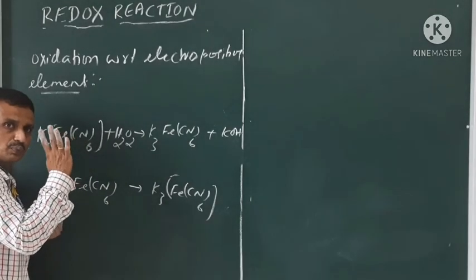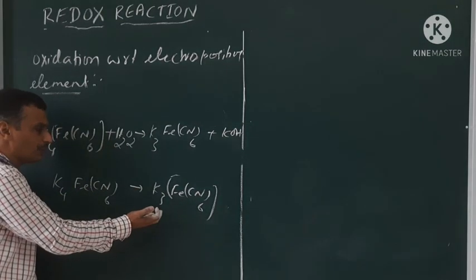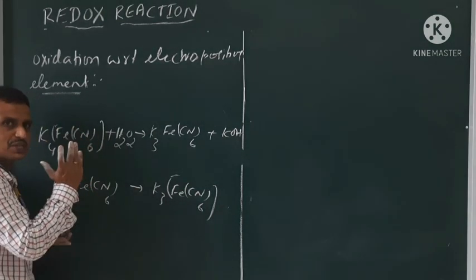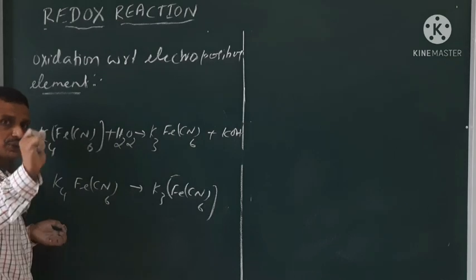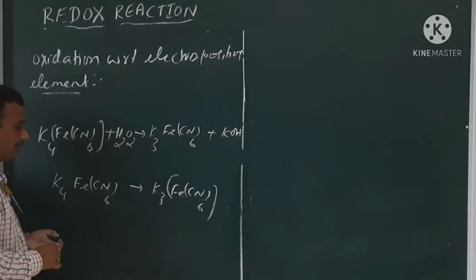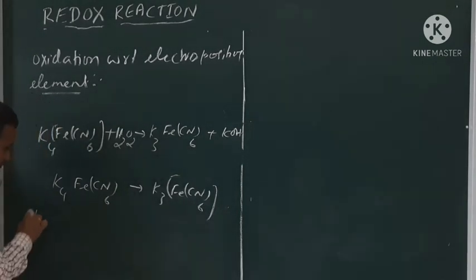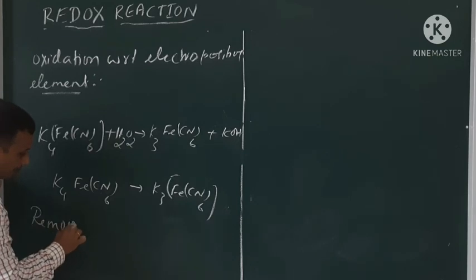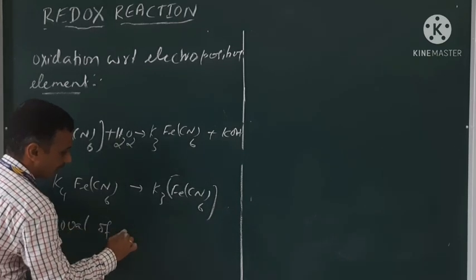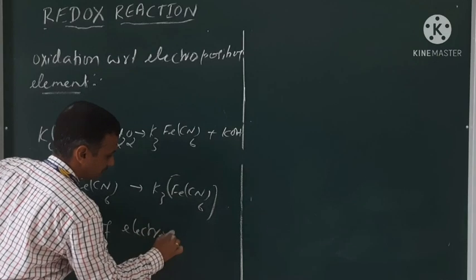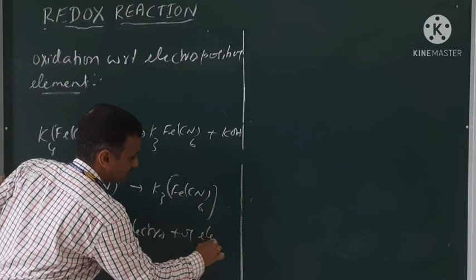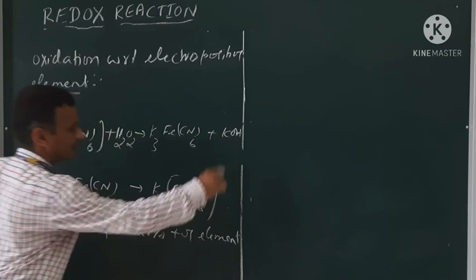There were 4 potassium, but you have only 3 potassium, means 1 potassium is removed. And potassium is an electropositive element. So removal of electropositive element is called oxidation.